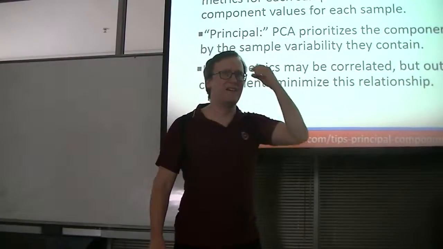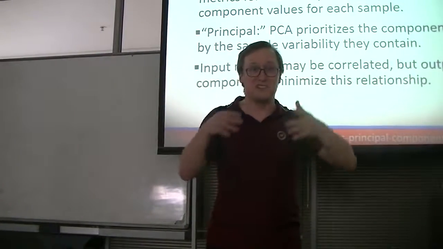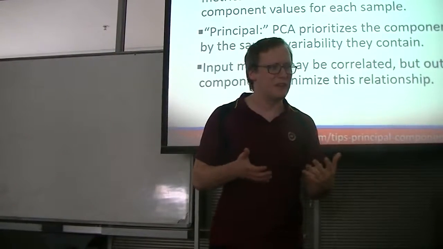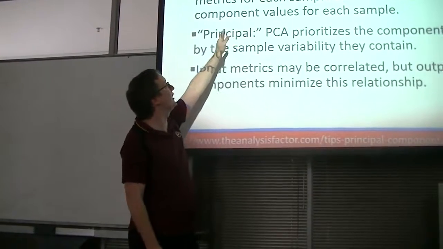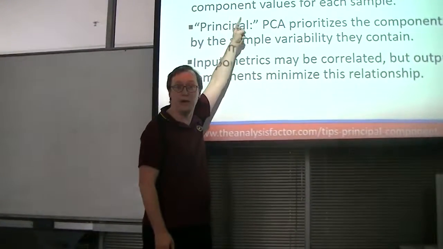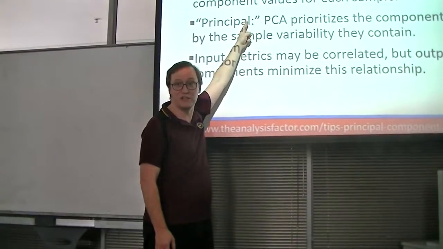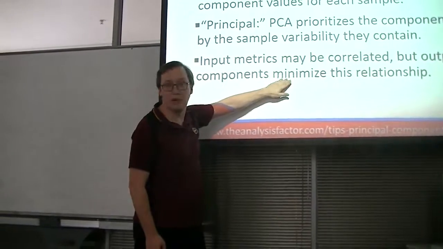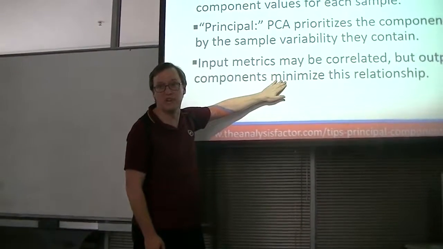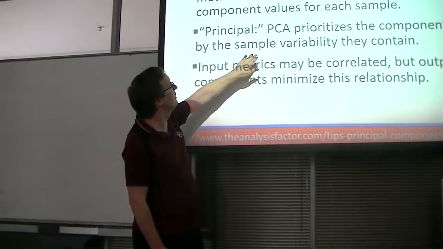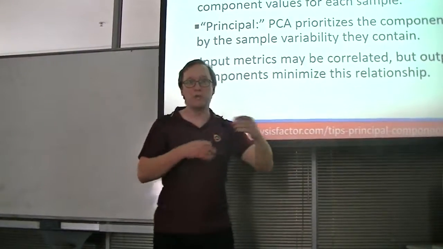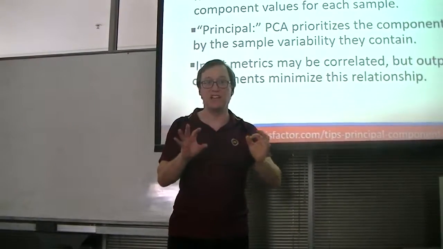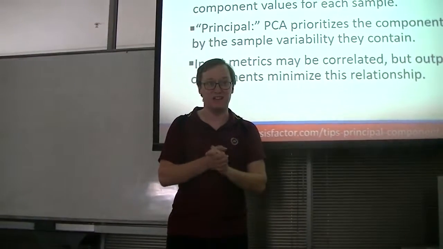So we're going to go through this in a little bit more detail and try to talk about how this can be done. But I want you to know that PCA is called that for a very good reason. It's producing components from the metrics that you feed it. Those components will not be correlated with each other meaningfully, and that's important. And it's going to prioritize those components based on which ones are best at explaining the variance in your data.